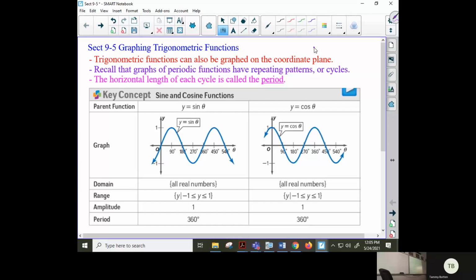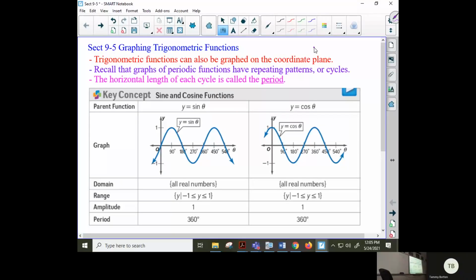All right, so today you're going to want to have out your formula sheet that has the unit circle on it. When you get to graphing, you're going to want to have that. Today we're going to learn how to graph the three easier of the trig functions.